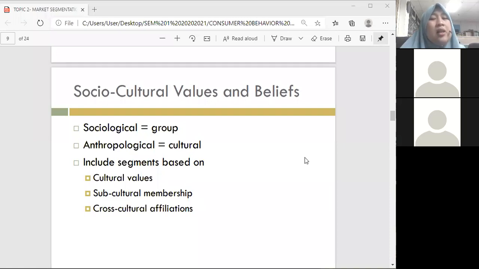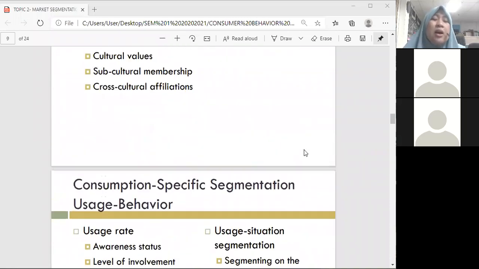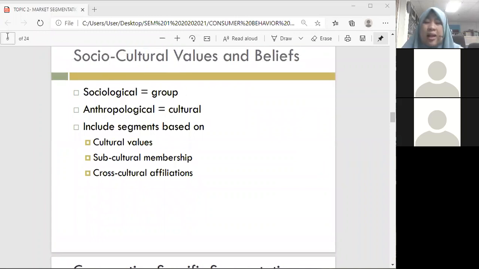So I think I should stop right now. I'm at slide 9, and looking at the time, I have less than 1 minute left. I hope that for any explanation today, you will send your inquiries in the group WhatsApp.